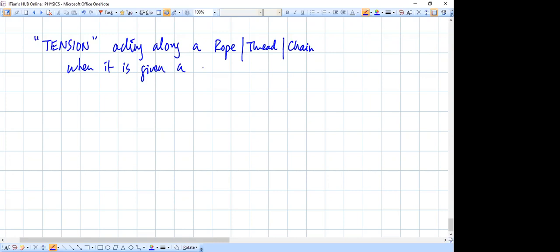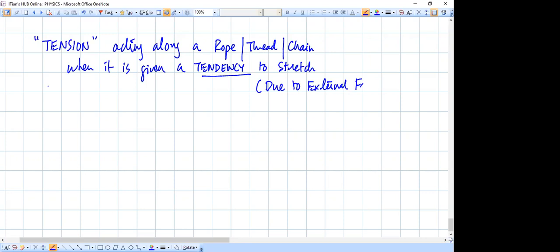Tension acting along a rope or thread, or chain, when it is given a tendency to stretch due to external forces.